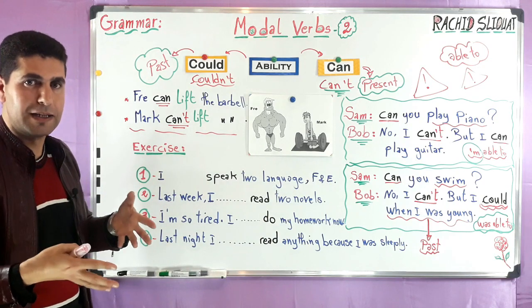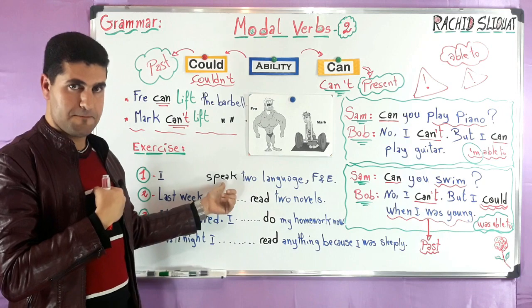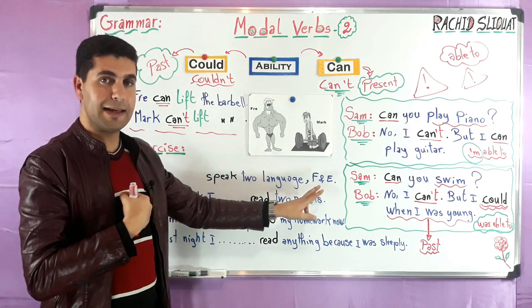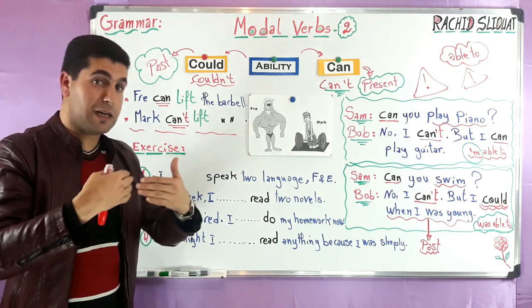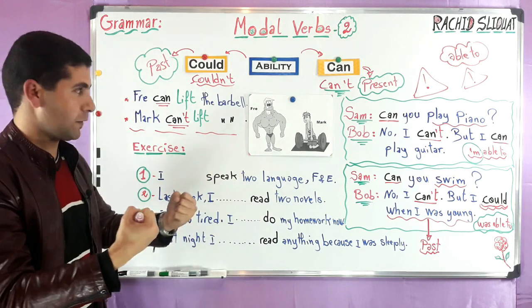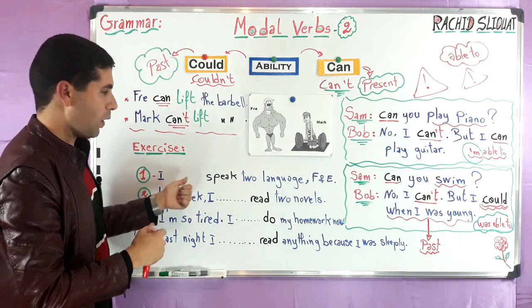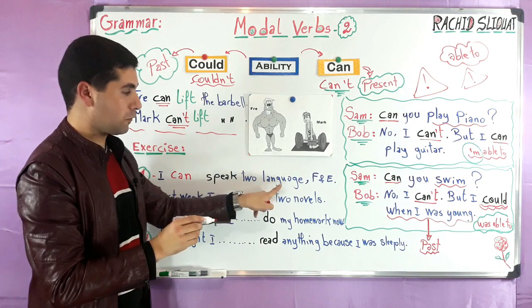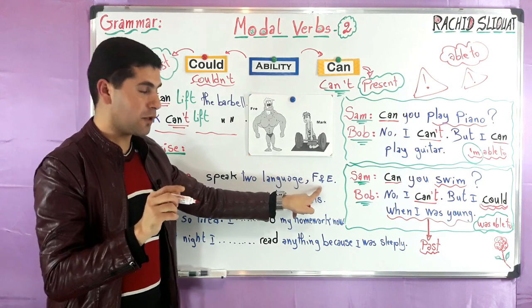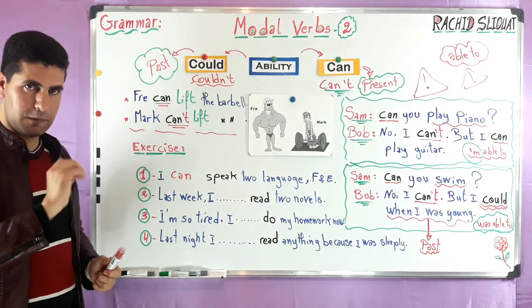Here I am talking about something in the present. Speaking more languages requires ability and effort. So I can speak two languages, French and English.